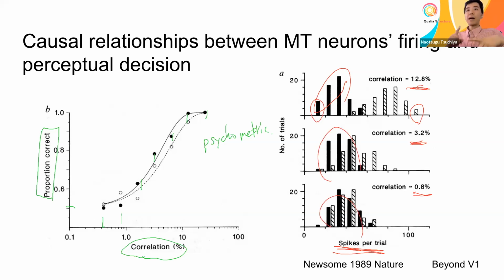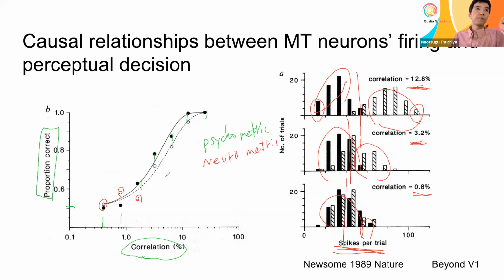Then comparing black and white, and drawing a vertical line to say what proportion they are accurately discriminating white from black, they could compute the so-called neurometric curve. Neurometric. This is the white one.